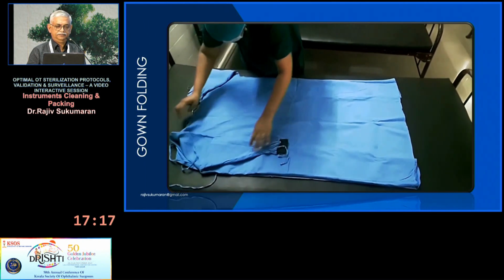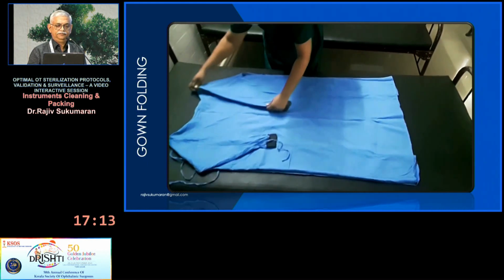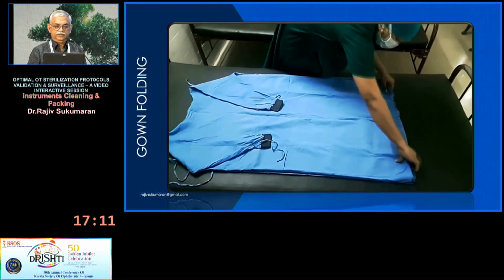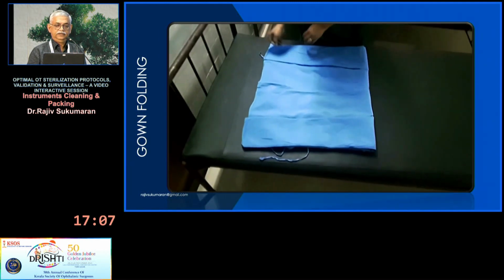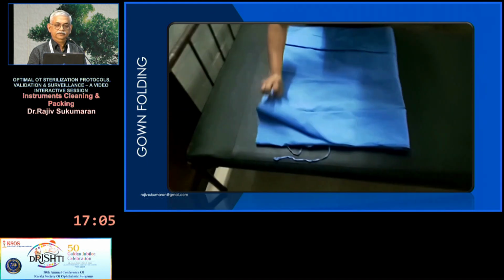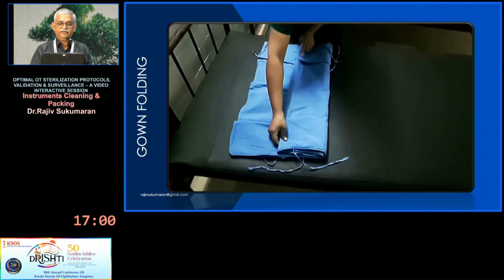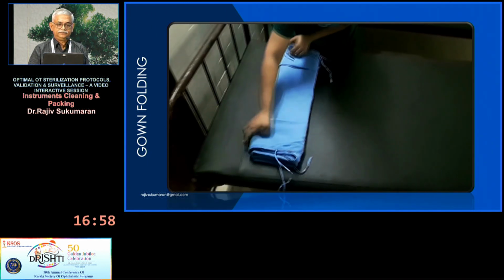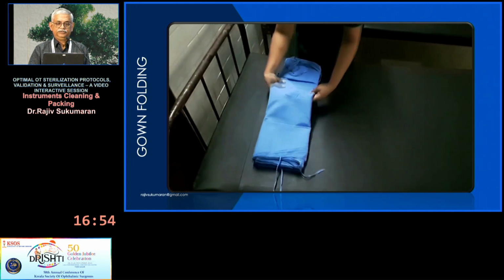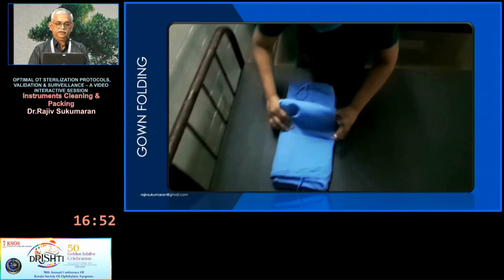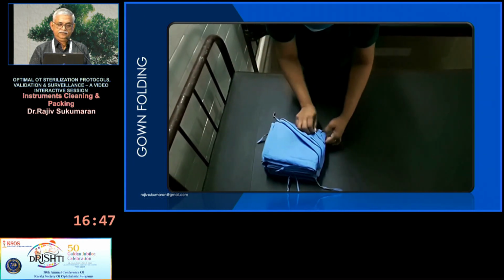Hope you understand what is being done. The arm part is kept in front, and it is folded into half, and it looks like this. The back flap is folded halfway. The entire thing is folded again into 3, and the center portion is lifted up in a W-like fashion and folded into 4 layers.